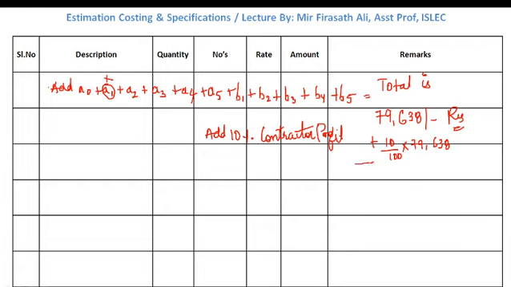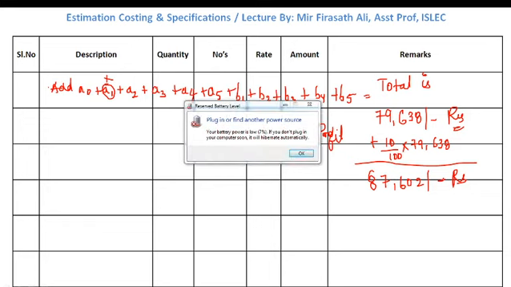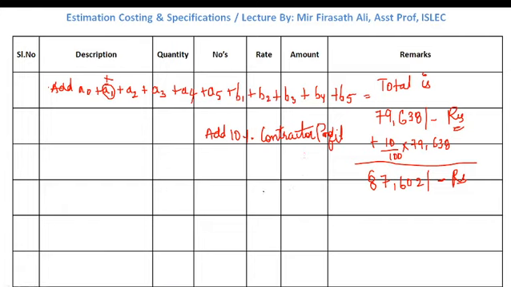So the total will be 87,602 rupees. So this is nothing but our final estimated price.